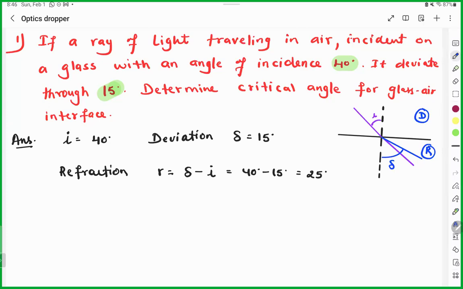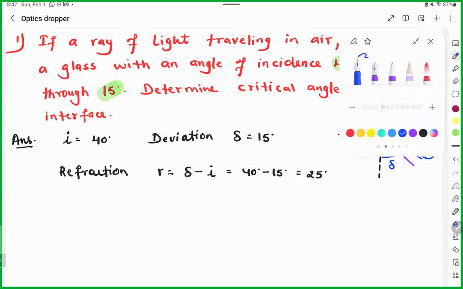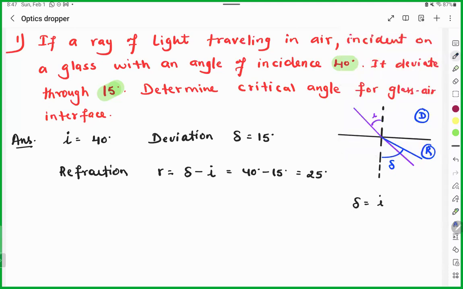So in this case, your angle of deviation will be equal to I plus R, because this is R. So what will be the R value? Any doubt, guys? Denser to rarer, away from the normal. Rarer to denser, towards the normal. So then it should be 15 minus 40.